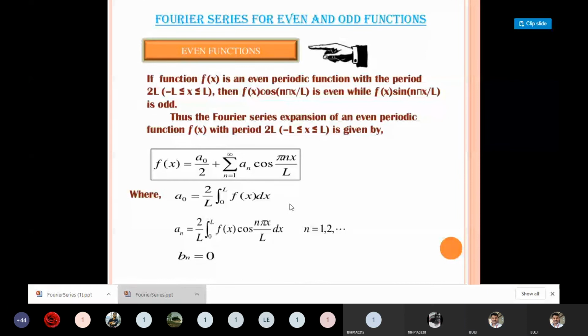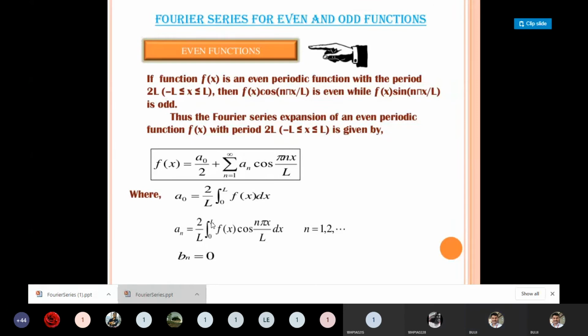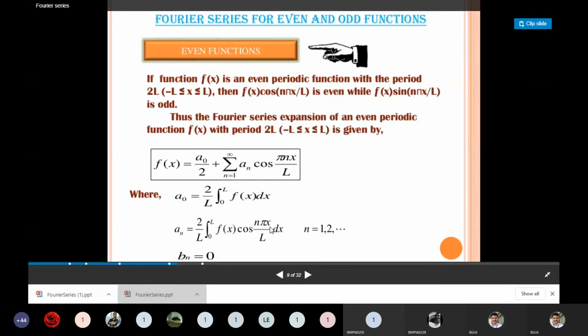Yes, sir. And the second one also, an also 2 times 0 to L. Why 0 to L? Even function we write, integral properties, even function 2 times we will write. Whenever it is an even function, the odd part becomes 0.